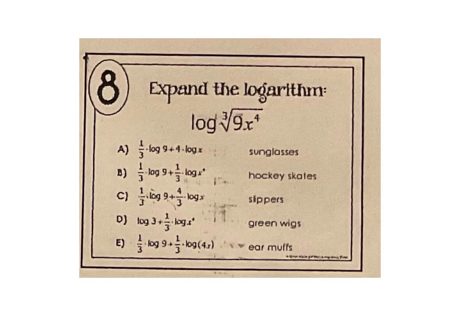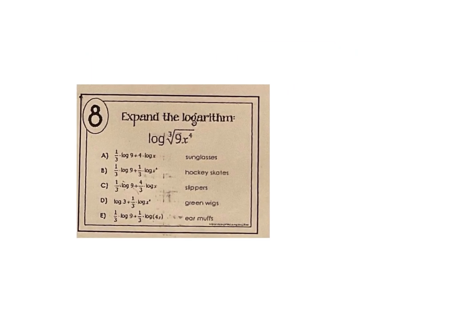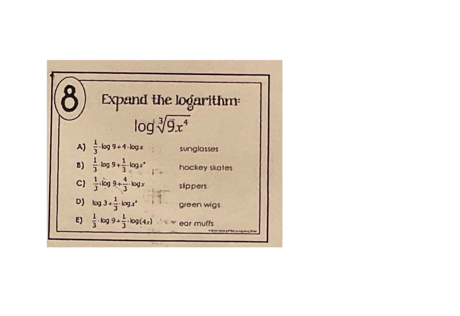Okay, so for this logarithm, what you have to remember is that anytime you have a radical with a number other than 2, the power is a fractional power and this number is on the bottom of the fraction. So if this had been an x under here like this, then we would write this as x to the 1/3.